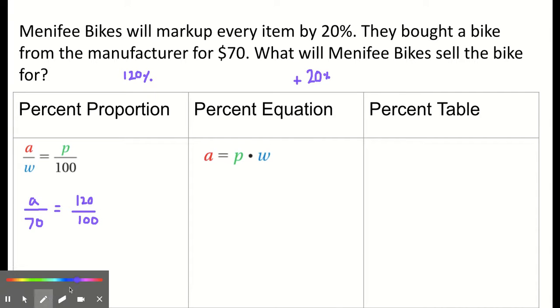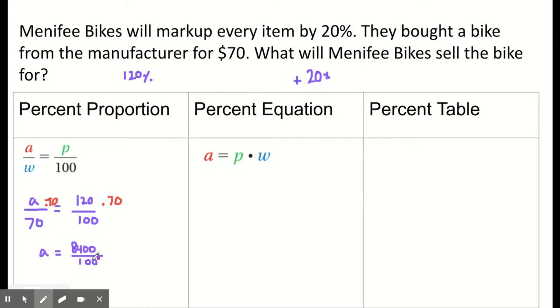So to get the A by itself, I got to multiply by 70 on both sides, times 70. And what that does is now I have just the A by itself, and 70 times 120 is 8,400 over 100.